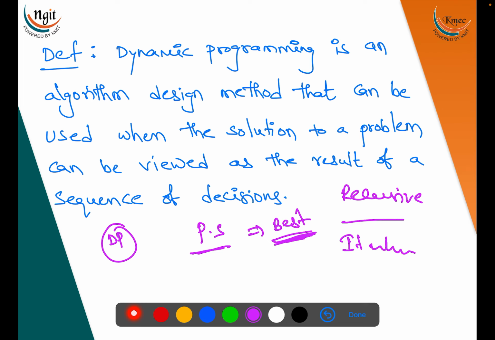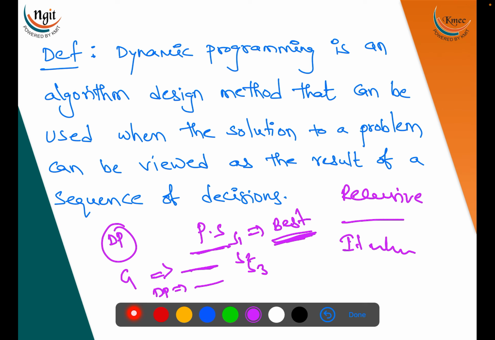So dynamic programming follows the principle of optimality, and it says that a problem can be solved by taking a sequence of decisions or sequence of feasible solutions to get the optimum solution. So now I can say one difference: in greedy method, the decision is taken one time and we follow that procedure, whereas in dynamic programming, a decision is taken at every stage. This is the difference.